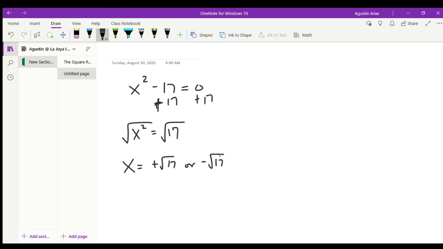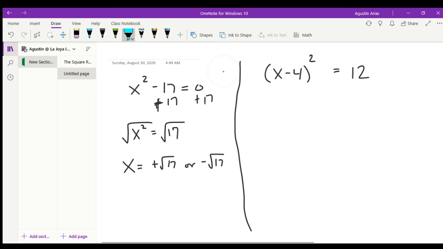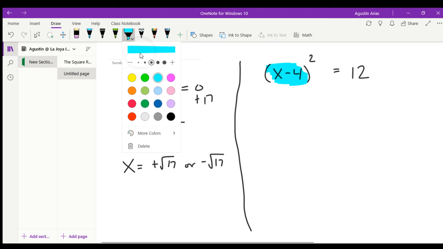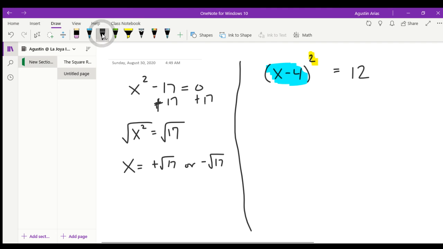All right, sometimes we might not see it as just x by itself, but it's something squared. So for example, x minus 4, all of it squared, equals 12. So this is something to the second power. How do I get rid of that second power? Again, I take the square root of both sides.